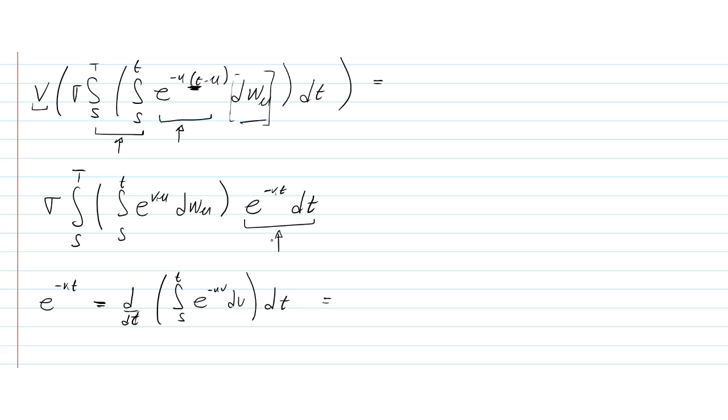By the fundamental theorem of calculus, the derivative of an integral is, as I said, exactly the same as this part here. So I'm just going to substitute this here, and then we're going to have a product of two terms.